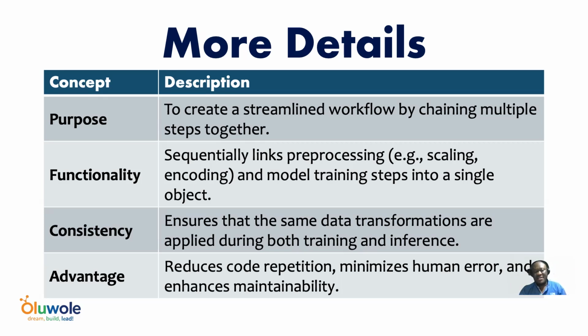Then there's consistency. We ensure that the same data transformations are applied during both training and prediction. Yeah, exactly. When I was working on projects, somebody had already done EDA on a data set and some cleaning. Because he did not use pipelining, he didn't know what to do next. After cleaning the data very well, all he did in the code was save the cleaned data as clean.csv.